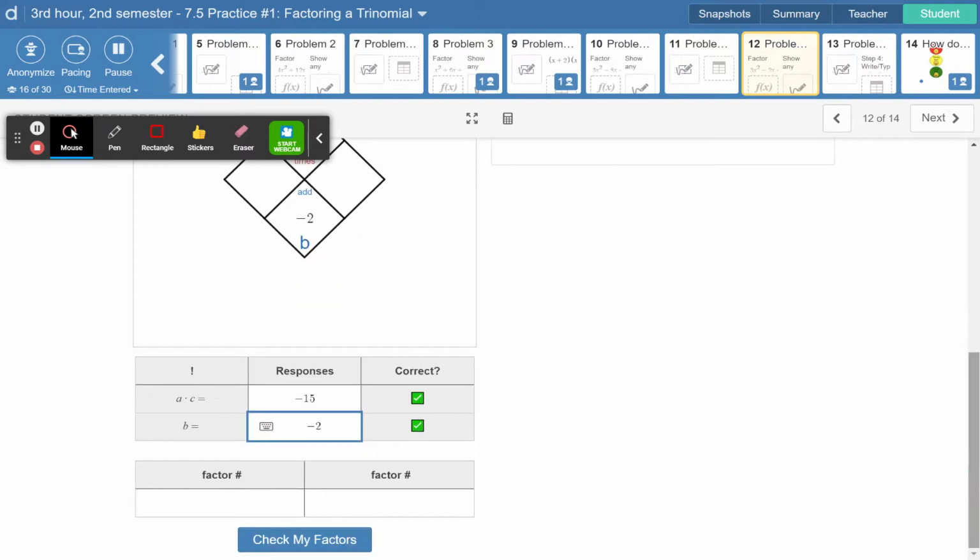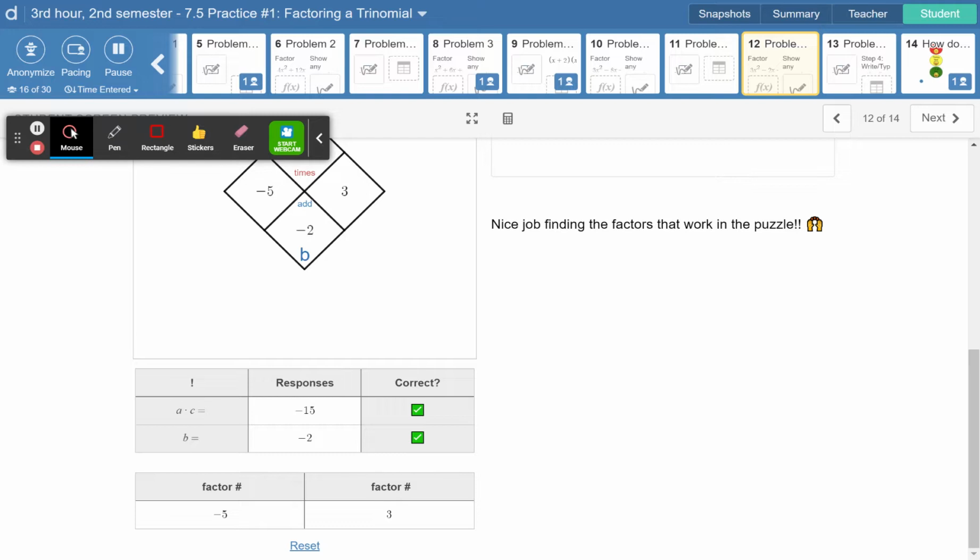Now, since both of them are negative, only one number can be negative, and that number has to be the bigger factor because our b value is negative. So in this case, I know that my 5 is going to be negative and my 3 is going to be positive.